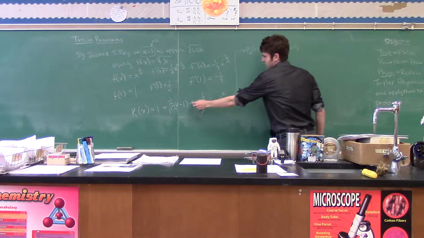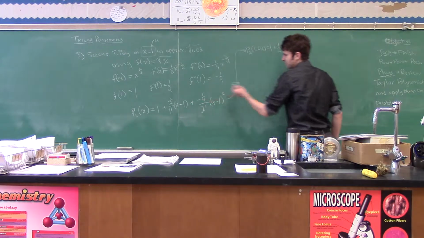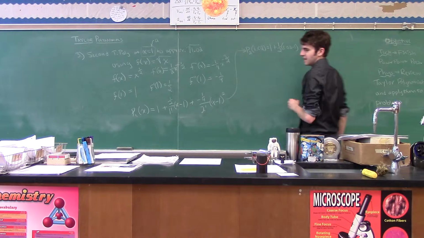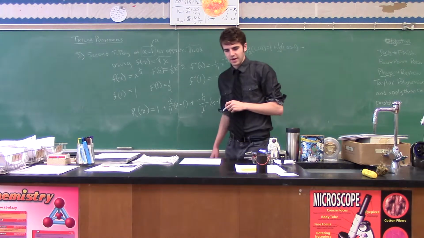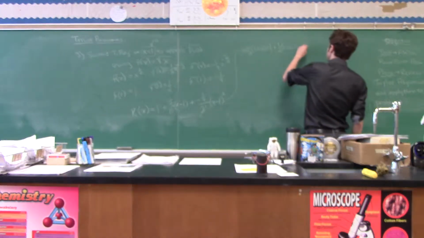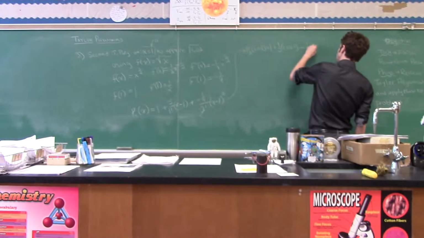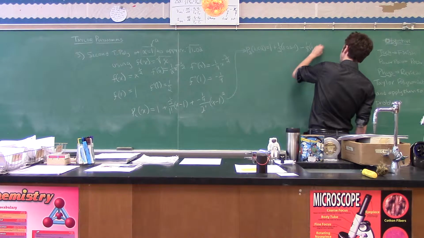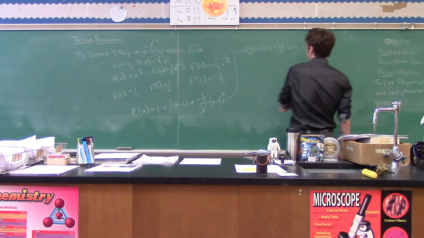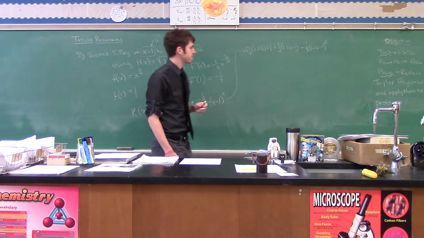I'm going to be dropping this plus, putting my negative in there now, and we'll have negative 1/8 times 1.02 minus 1 squared. Isn't it the square root of 1.02?